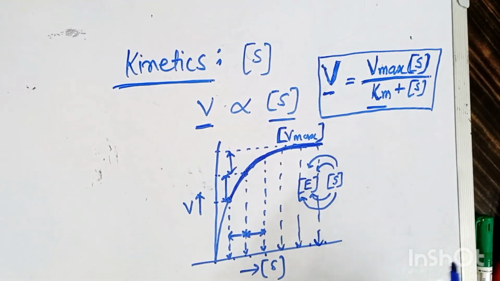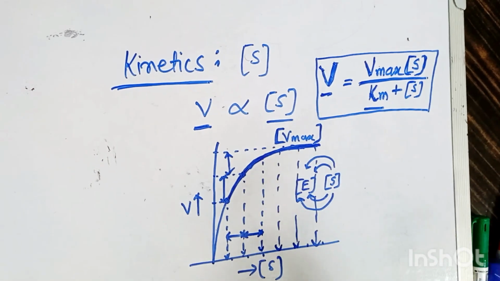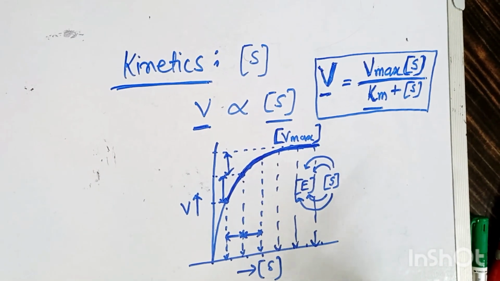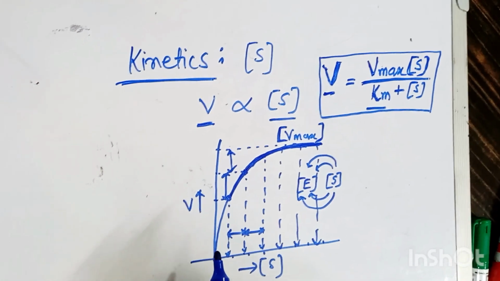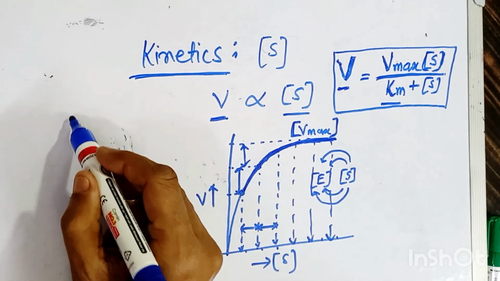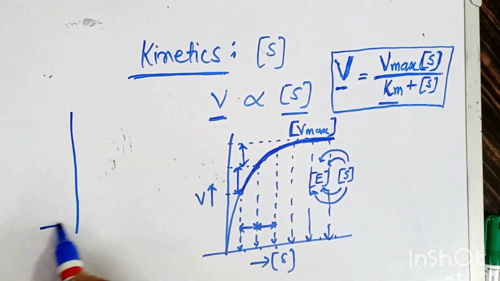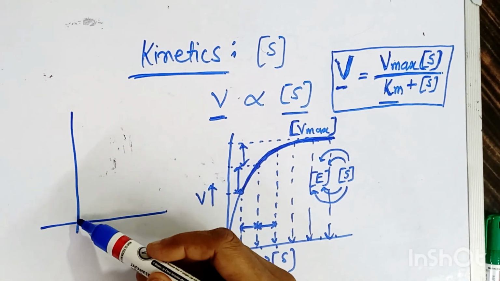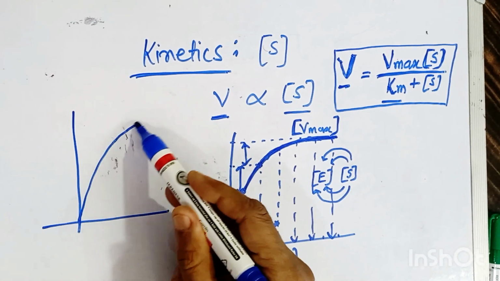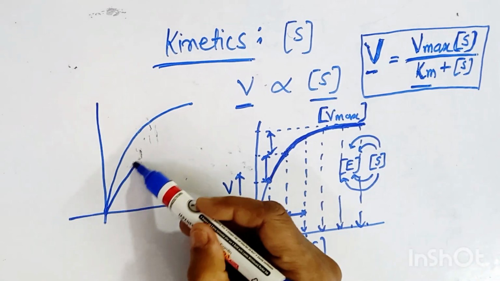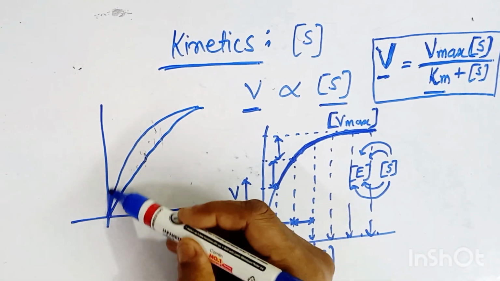So we will progress to the next step, and we will see how the Michaelis Menten equation governs. Say I draw two more curves here, one here and one here.